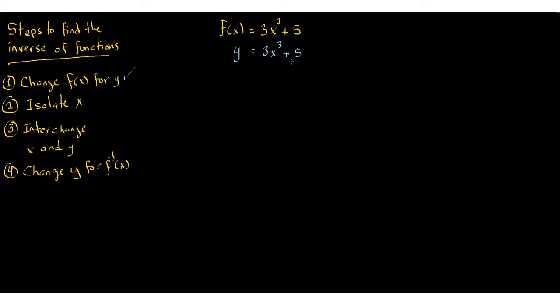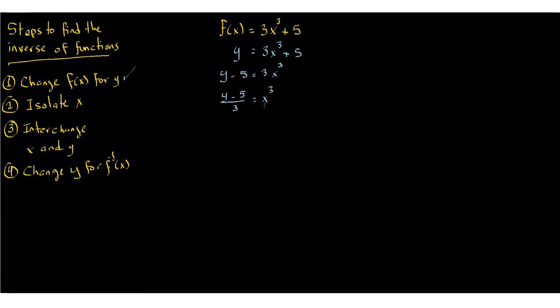First I'm going to subtract 5 on both sides of the equation, and I get here y minus 5 is equal to 3 times x cubed. Now I'm going to divide by 3 both sides of the equation. Y minus 5 all over 3 is equal to x cubed.